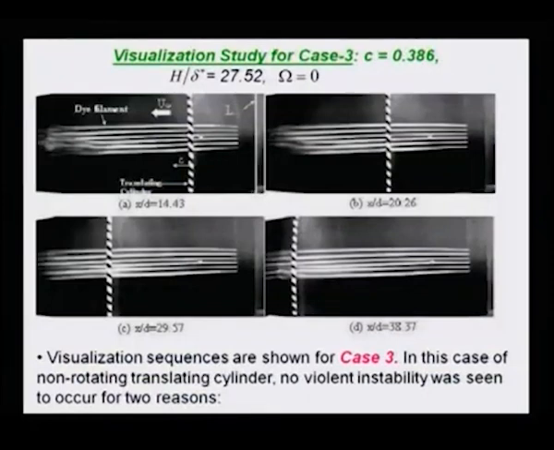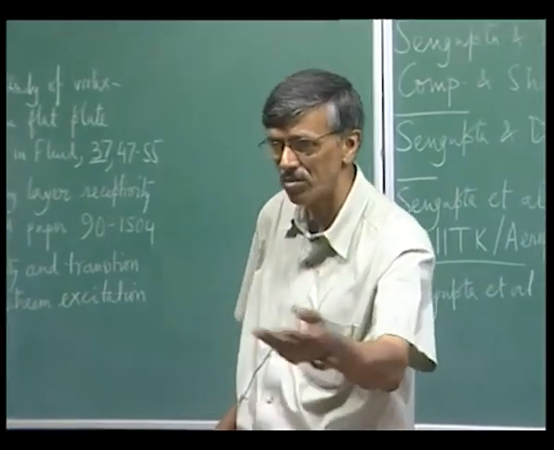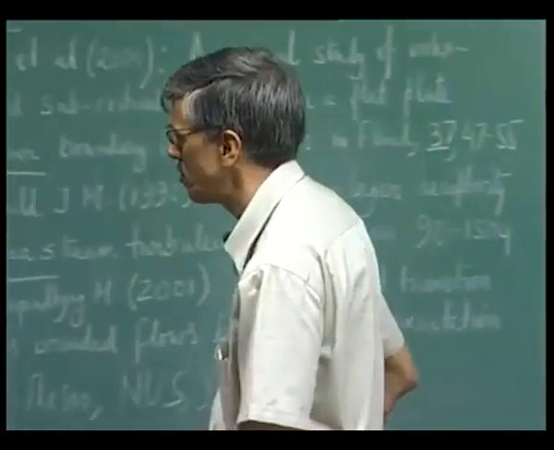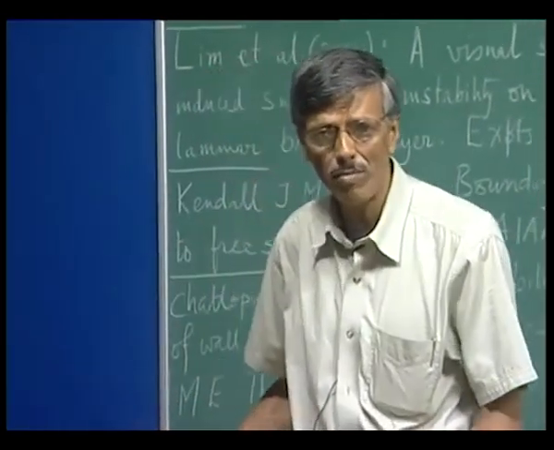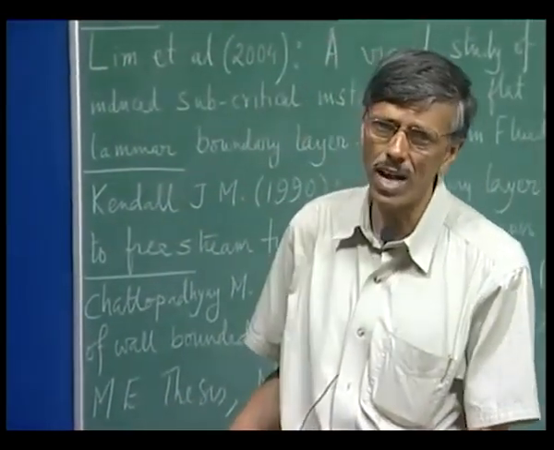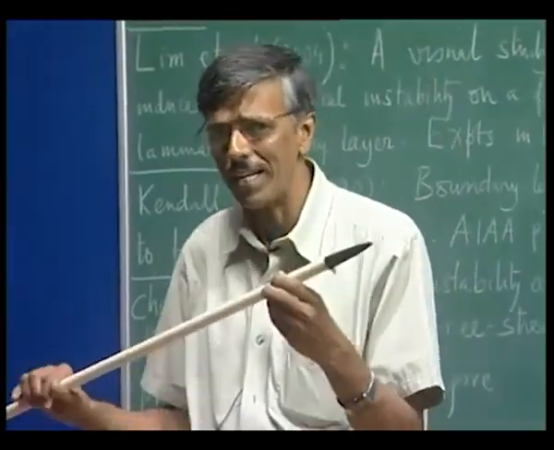So, this was what we talked about, also the experimental result of Tokumaru and Dimotakis, the JFM paper, as well as Diaz et al., that Physics of Fluids paper, which had established the case that if you rotate it at a high rate, it does not.